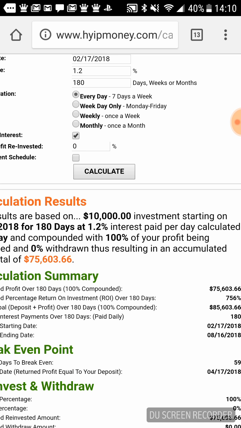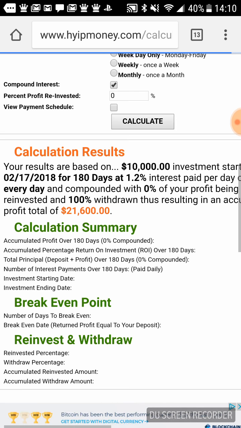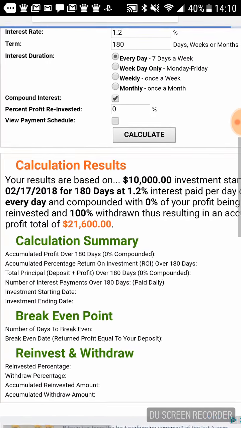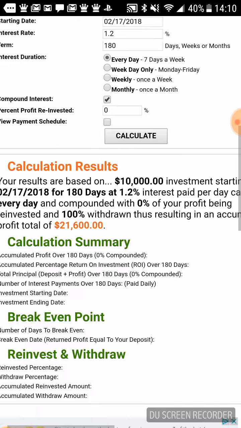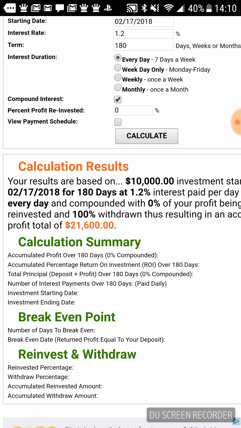Okay, so we're going to redo this calculation saying that you are not reinvesting any of it. And this math is pretty correct. After 6 months, you'll receive around $21,600. So at 1.2%, you're getting about a third of your principal every month. That's not factoring in any bonus interest.